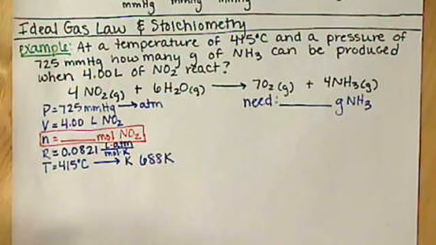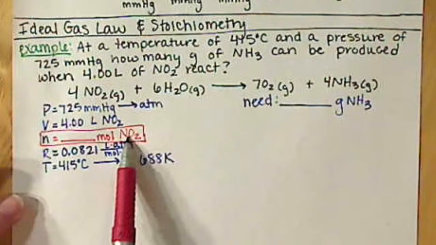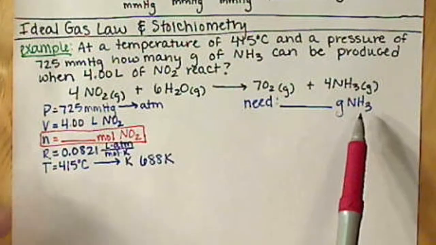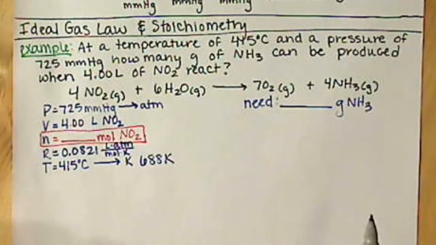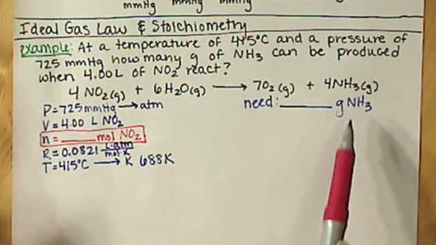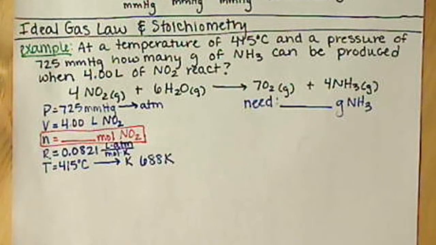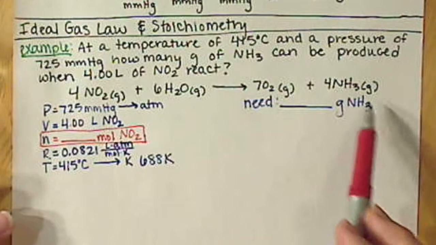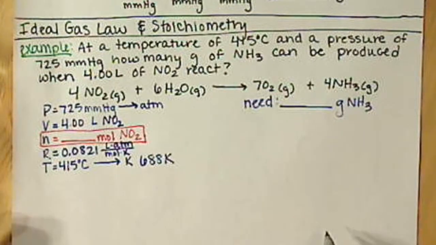That's a good sign. If we are at moles of NO2, the only way to convert from NO2 to NH3 is to use stoichiometry, meaning we have to go from moles of NO2 to moles of NH3. That's the only way that we can get to any values of NH3.